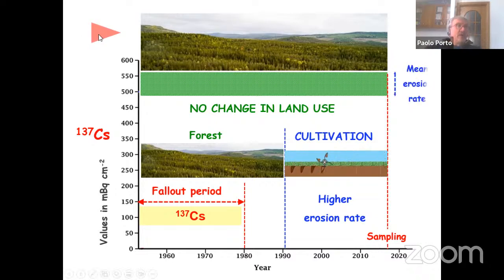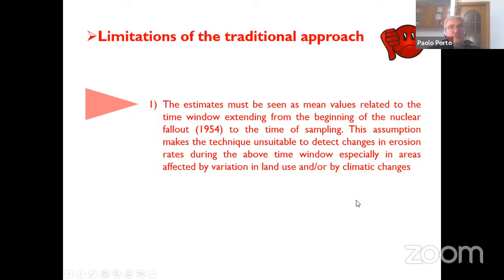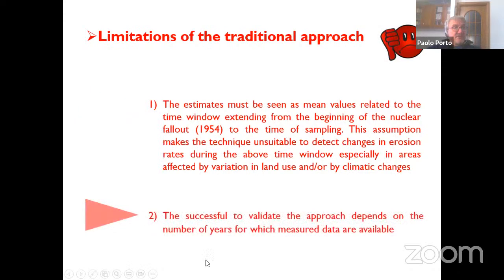Okay, so another problem related to the use of the traditional approach is that when you have to, let's say, calibrate or validate the approach, the Cs-137 technique, you also need experimental data, okay? Because sometimes, for example, I don't believe that Cs-137 is good. Just let's do this assumption, okay?